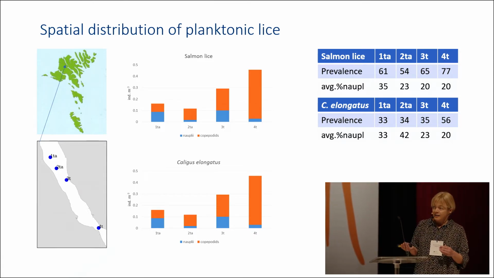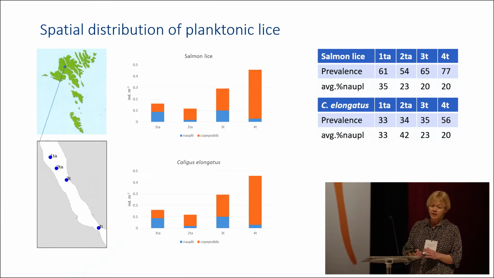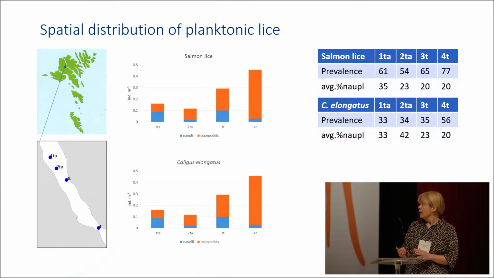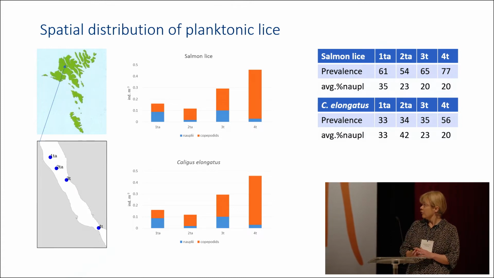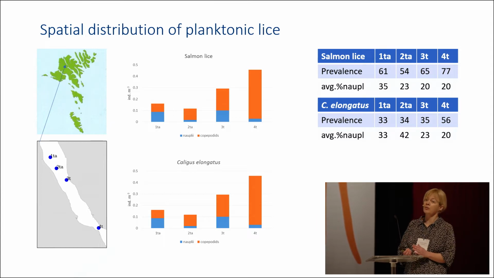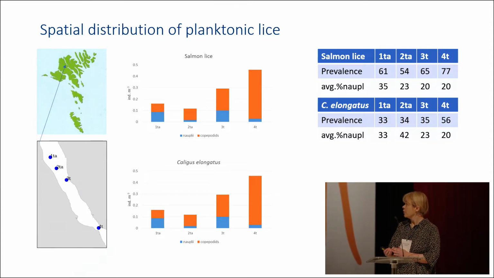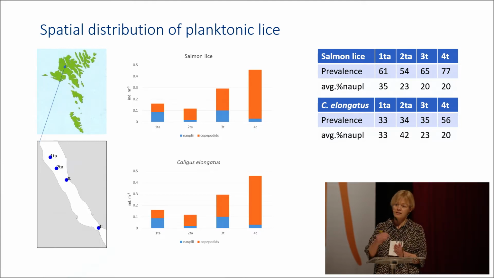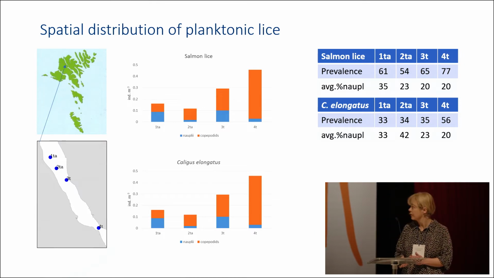But in this data set, the planktonic stages are dominated by the copepodids. And the prevalence in the samples is quite high for the salmon lice during the active production, while it's a bit lower for the Caligus elongatus because it has this seasonal variation.